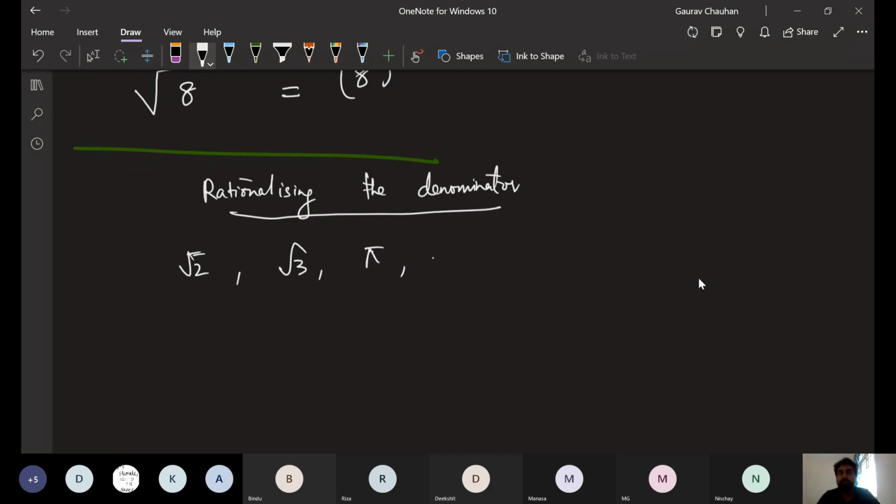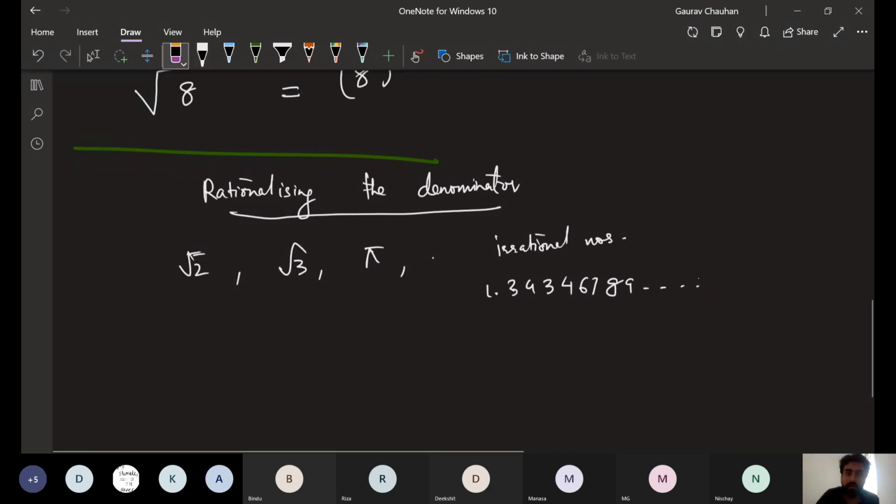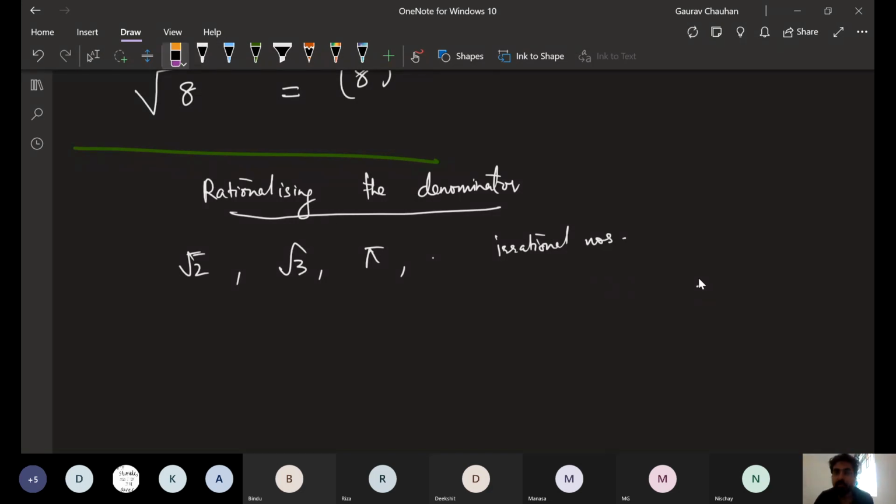There are some other numbers also, but these are irrational numbers. When we write irrational numbers in decimal form, they keep on going and they will not repeat also. So they are non-terminating and non-recurring.